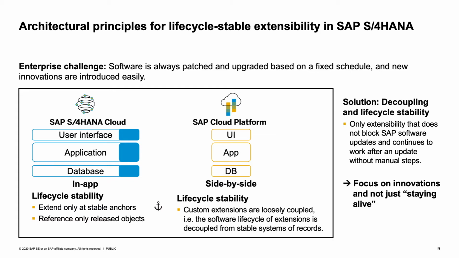In in-app extensibility, we implemented two mechanisms to 100% assure lifecycle stability. And the mechanisms are twofold. The first is we introduce stable anchors. So whenever you extend, you do that in locations that we from SAP keep 100% stable. And then whatever you code in an extension, you can only reference released objects.